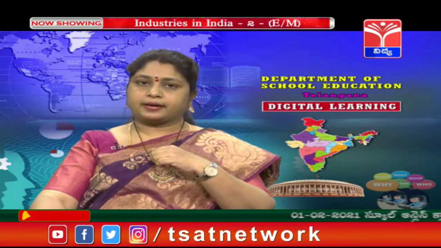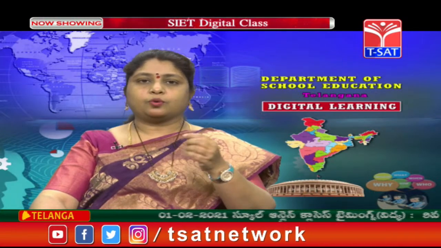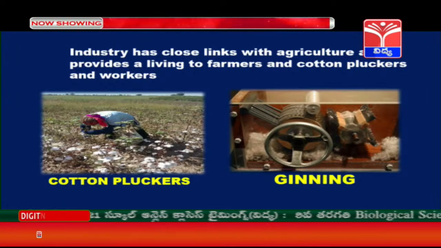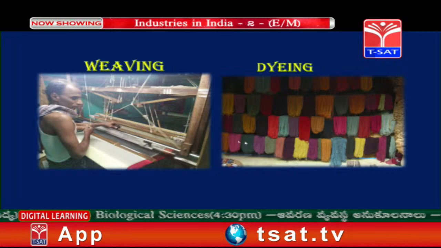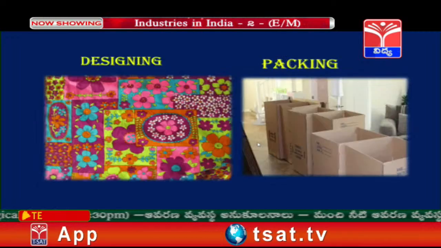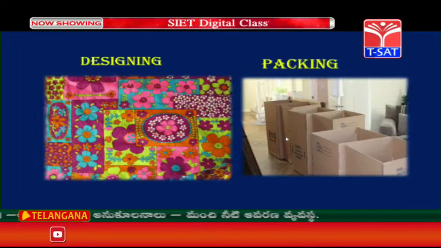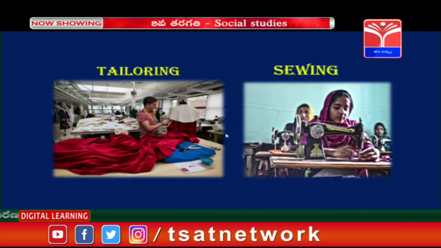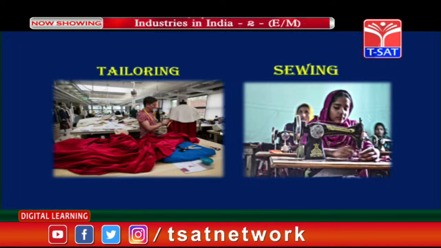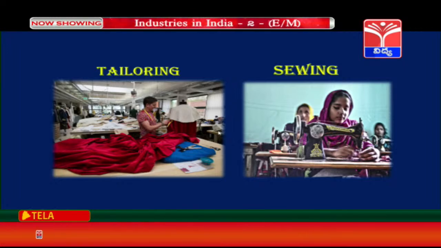See, like cotton pluckers who pluck the cotton from the cotton fields. Then ginning, weaving, dyeing, that is coloring, designing, packing, tailoring and sewing. In all these fields many workers got employment opportunities.